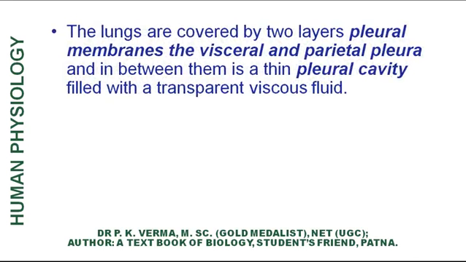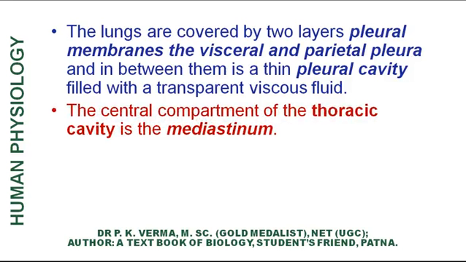The lungs are covered by two layers of pleural membranes, the visceral and parietal pleura, and in between them is a thin pleural cavity filled with a transparent viscous fluid. The ventral compartment of the thorax cavity is the mediastinum.